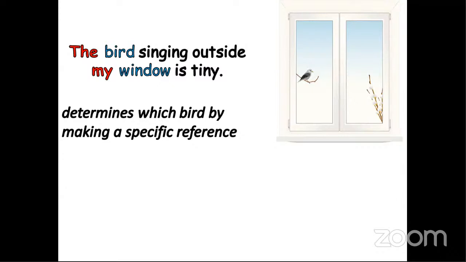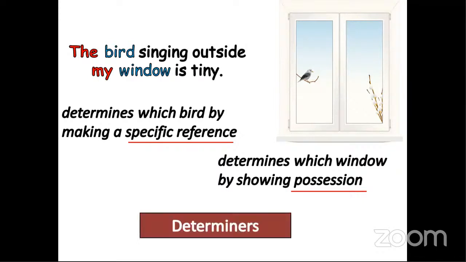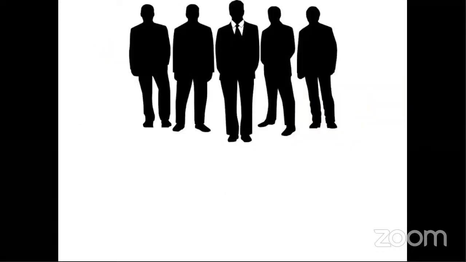So the is making a specific reference and is also a determiner. And just like the previous example, my determines which window by showing possession. So my is also a determiner. In the previous example, we had a and my, and in this example, we have the and my, and they are all determiners.